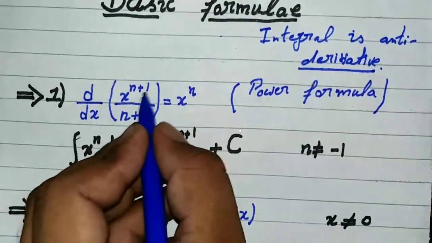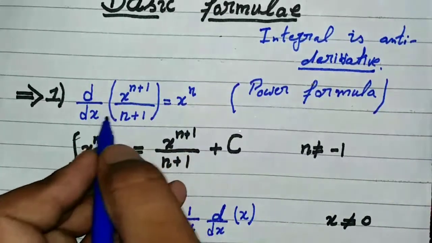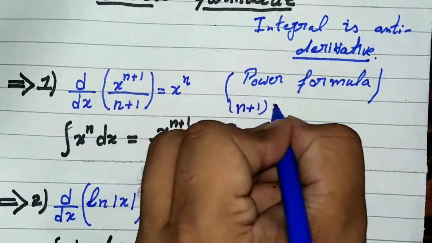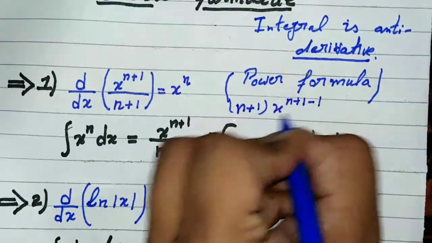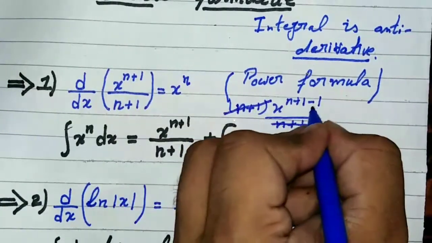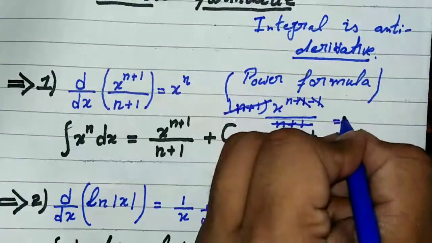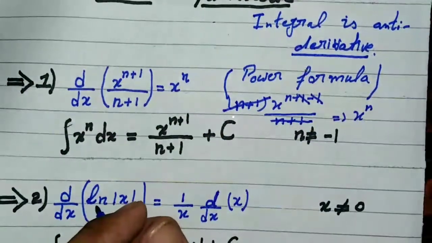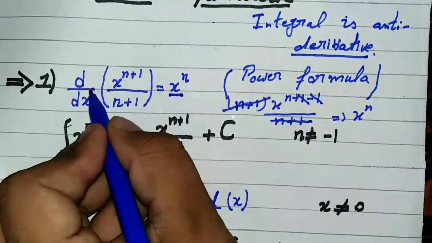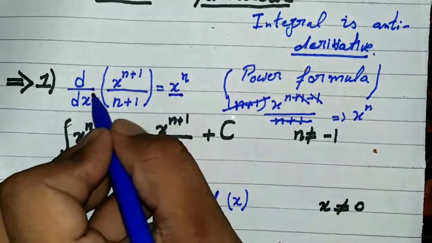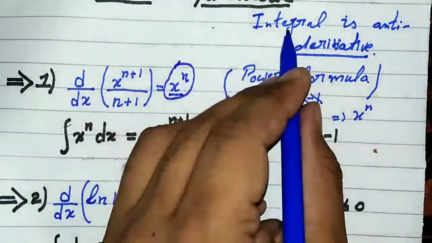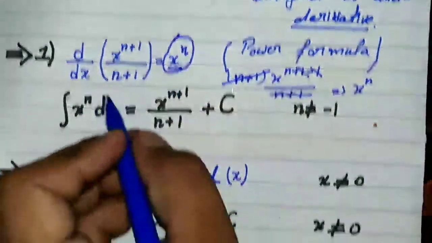Which is equal to n plus 1 times x raised to power n plus 1 minus 1 divided by n plus 1, this cancels out, and minus 1 plus 1 cancels out, which is equal to x raised to power n. So this is the answer of the differentiation. So this is the question of the integral, because integral is the reverse process of differentiation.